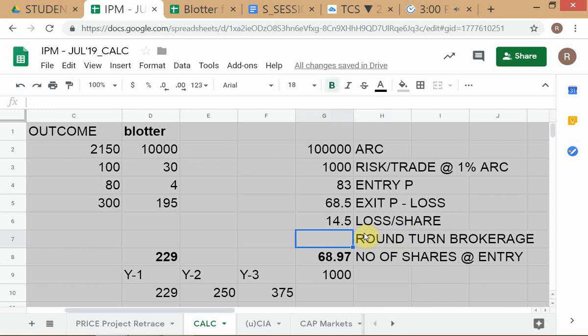So you have to also factor in the round turn brokerage, which means essentially if you're losing 14.5 per share, and maybe the round turn brokerage is 1 rupee, let's say, then you have to reprogram this. It can't be 1000 divided by 14.5.